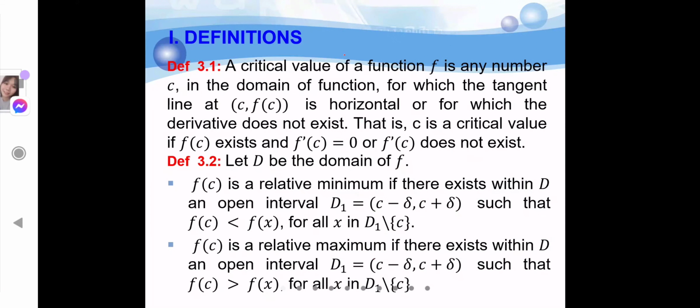You write this definition. f(c) is a relative maximum if there exists an open interval, a subinterval D1 belonging to D, such that f(x) is less than f(c) for x in it. D1 is called the neighborhood of c.